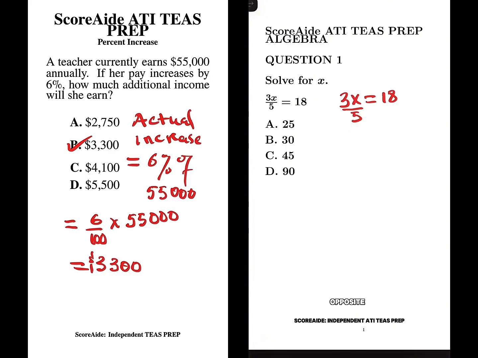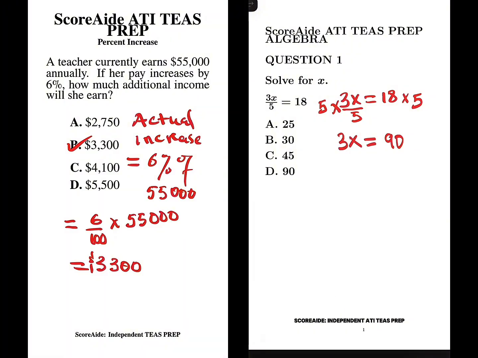The direct opposite of division is multiplication, so we have to multiply both sides. Whatever you do on one side, you have to do to the other side of the equation to make it balance. When you multiply both sides, the 5 cancels and we're left with 3x equal to 5 times 18, which is 90, right?